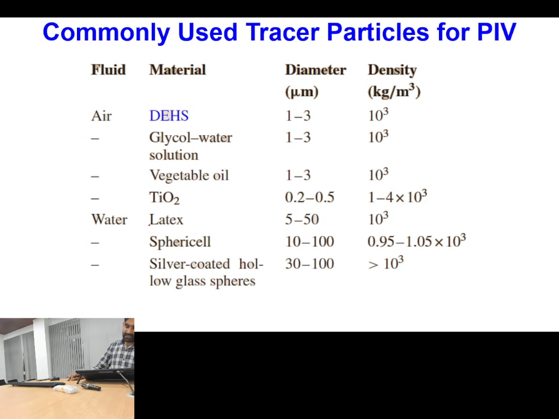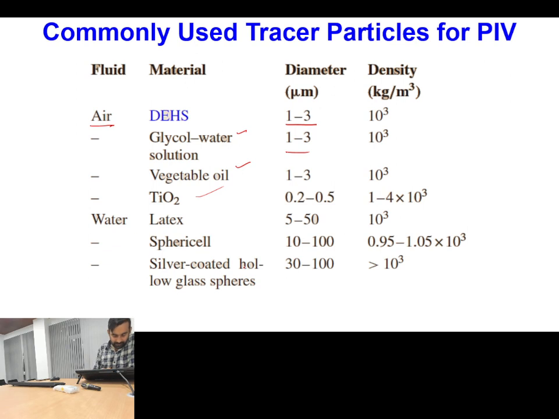So these are commonly used tracer particles. If you have air, then liquid droplets can also be used, such as a glycerin water solution. This is a common solution which is available. The droplets of glycerin water with a diameter of 1 to 3 micrometer can be used as tracer particles.